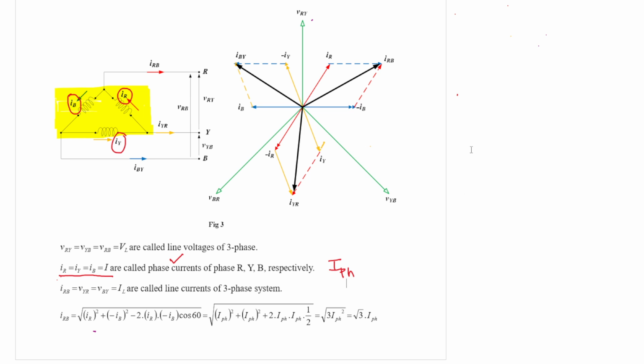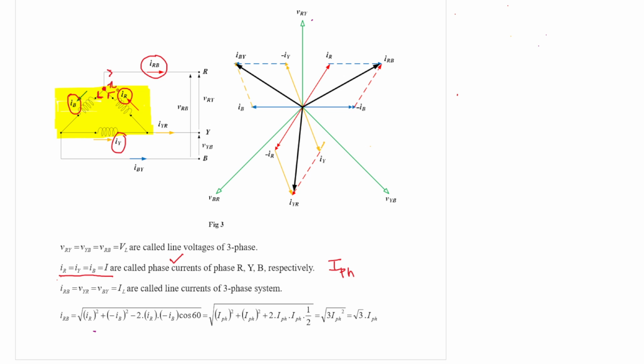Now let us consider this node, let us say this node is X. To this node, IR current is entering, and IB current is leaving from that node. Additionally, one more current is there, which is called IRB.